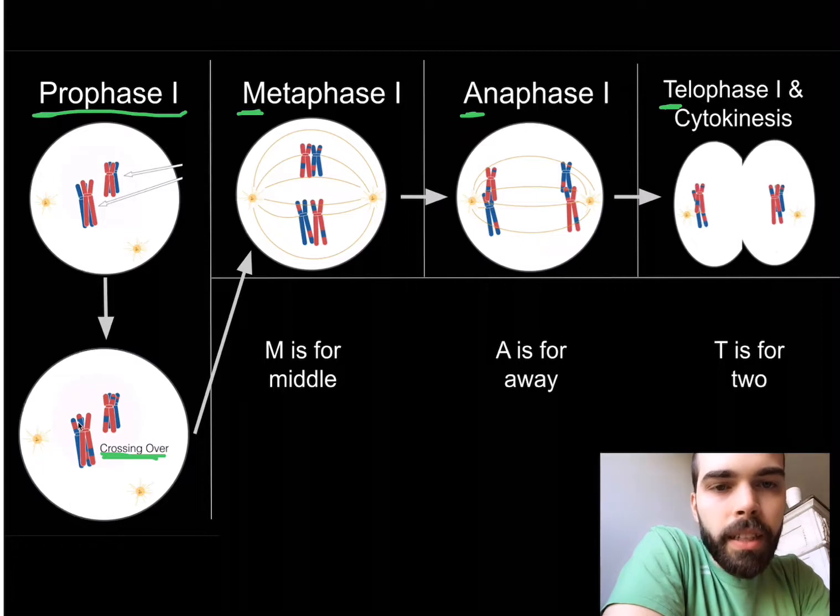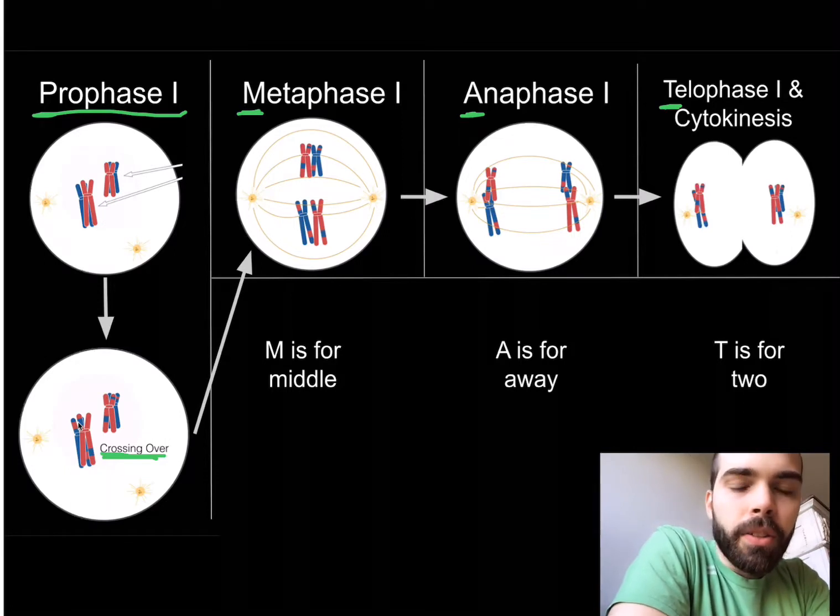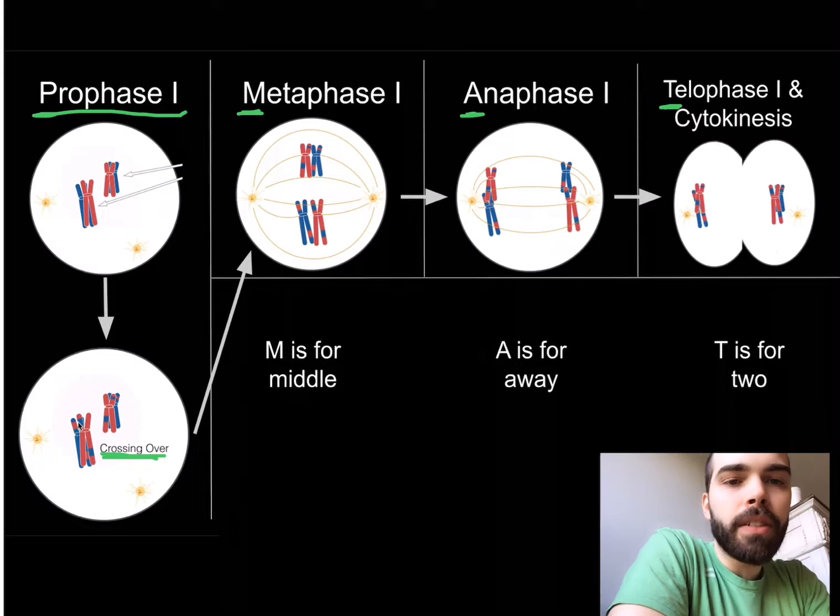And that's where these little bands swap places between dad's blue chromosome and mom's red chromosome. And so that means some of dad's genes swap places with some of mom's genes. And then once they swap places, now you have this unique combination of genes that you didn't have before.